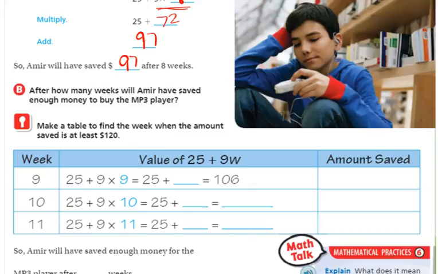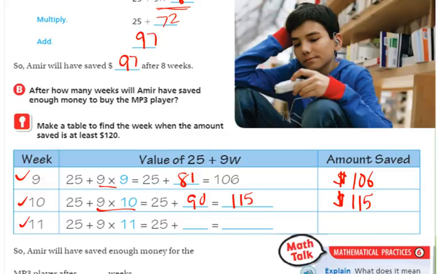If we tried 9 weeks, we would go 25 plus 9 times 9, which is 25 plus 81, which is $106, which means he saved $106. If we used 10 weeks, so W equals 10 now, that means 25 plus 9 times 10, which is 90. 25 plus 90 gives us 115, which means he would have saved $115 here.